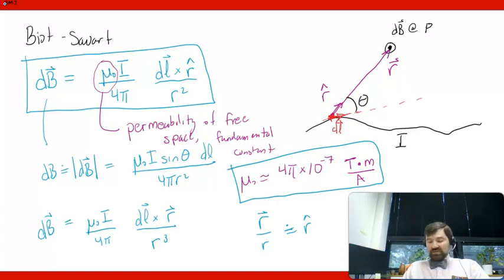Mu naught, it turns out, is related to the speed of light via the permittivity constant, which is something we'll talk about in a future lecture as well. So if you have an exact defined value for the speed of light c, then either mu naught or epsilon naught has to have a measured value that is good only to the precision with which we can measure it. It turns out mu naught is the one that has such a value.